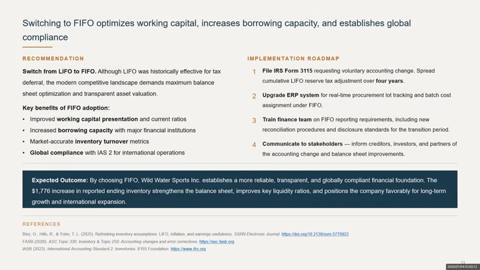The first is submitting the IRS Form 3115 to request an accounting policy change, and spreading the tax adjustments accumulated under the LIFO method over 4 years, and upgrading the ERP system to support batch tracking and cost allocation under the FIFO model, and providing compliance training for the finance team, and proactively communicating the balance sheet optimization benefits of these changes to stakeholders, including the shareholders and creditors.